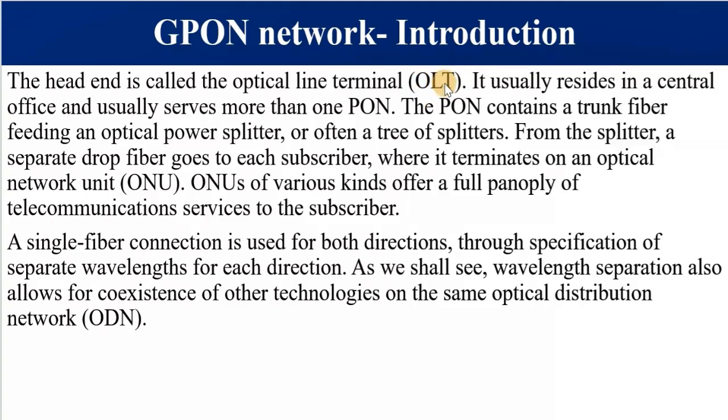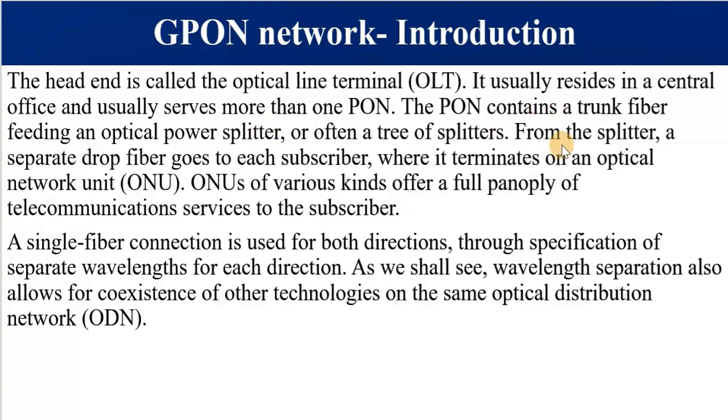And normally the OLT is found at the exchange, also known as the central office. An OLT serves more than one PON, meaning that on a Gpon interface card, each port is a separate PON.